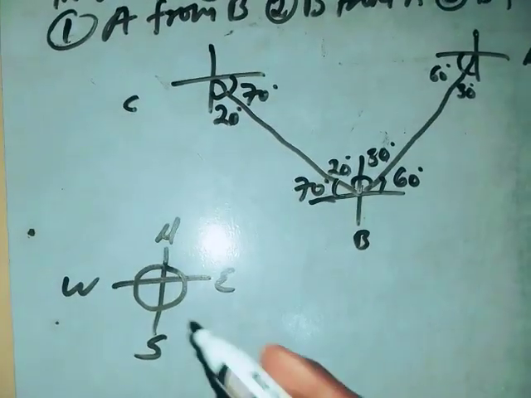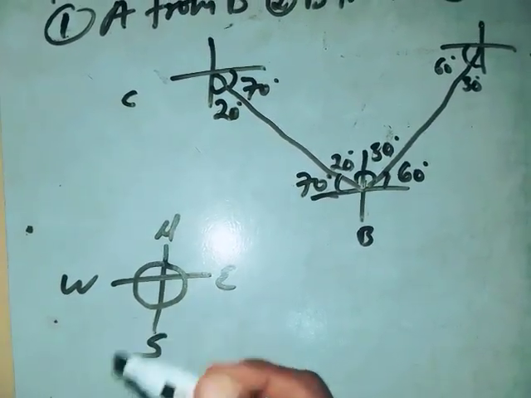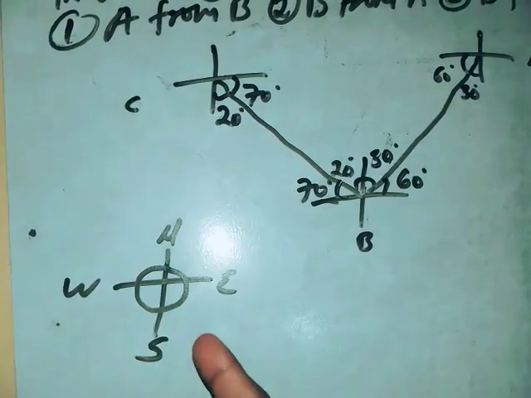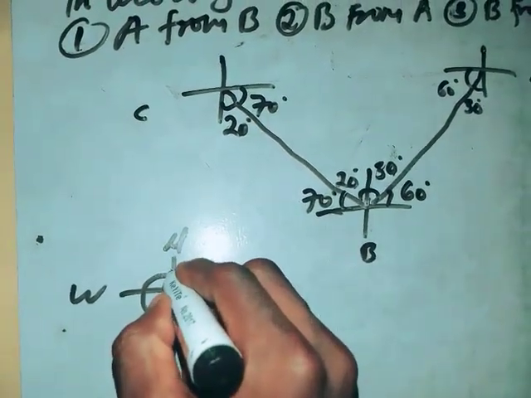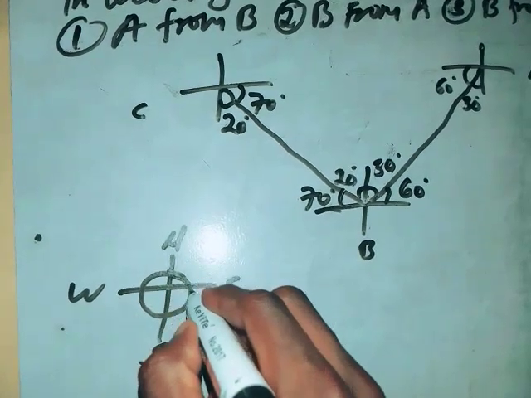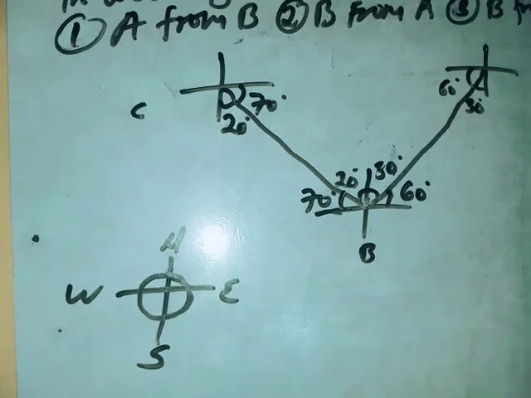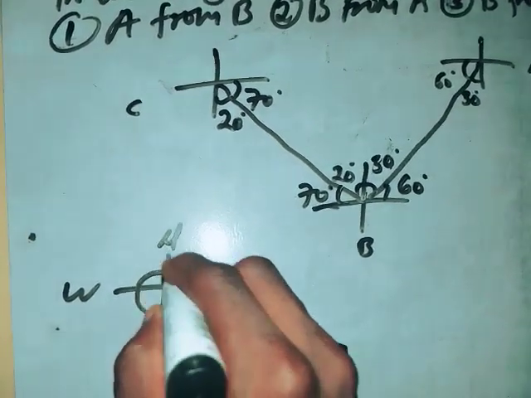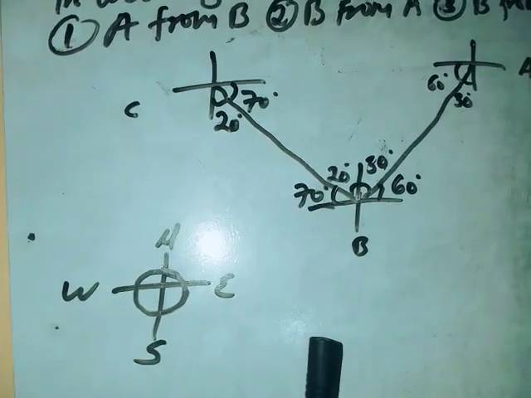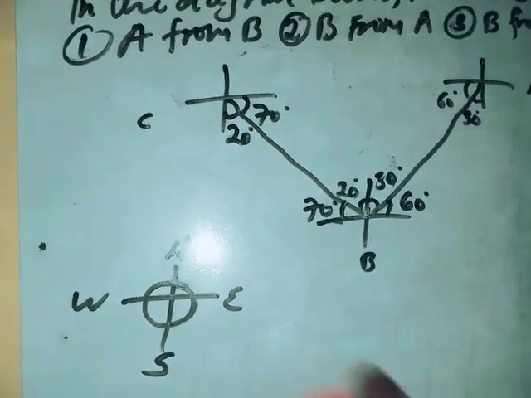If I say turn it anti-clockwise, you turn it like this. That is the left hand side. So to find the bearings of any point, you need to start from the north pole, turning in a clockwise movement. Okay, so that is what we are going to handle today.